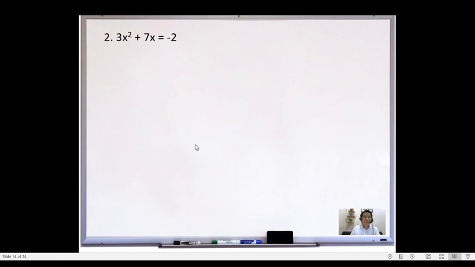Let's have number 2. Solve 3x squared plus 7x is equal to negative 2 using the method of factoring. So as you can see here, this is not in the standard form. So applying step number 1, we are going to transform that one into standard form.